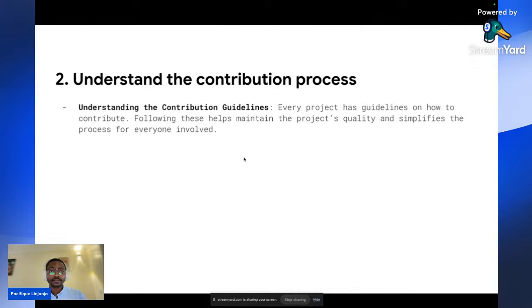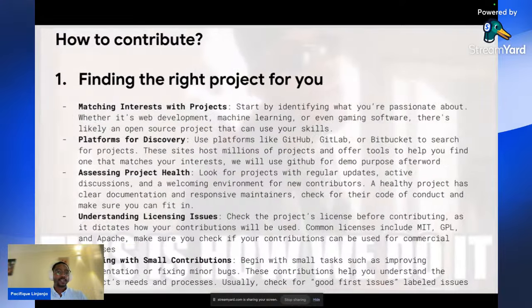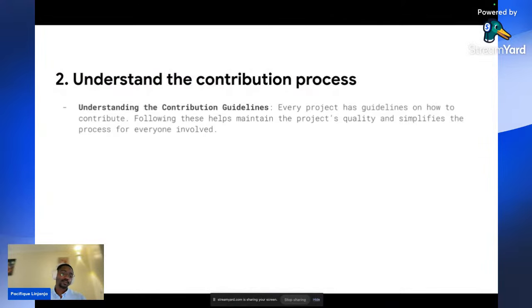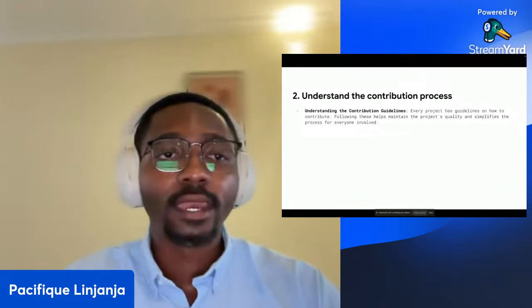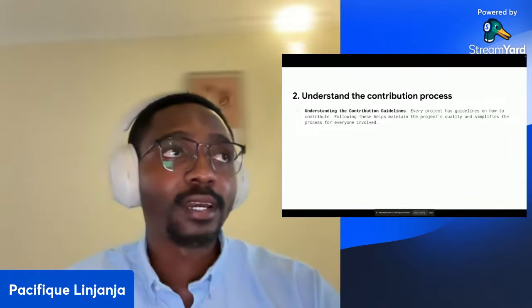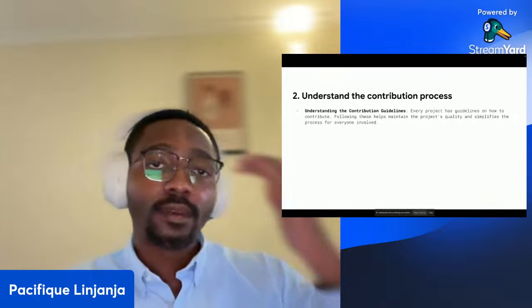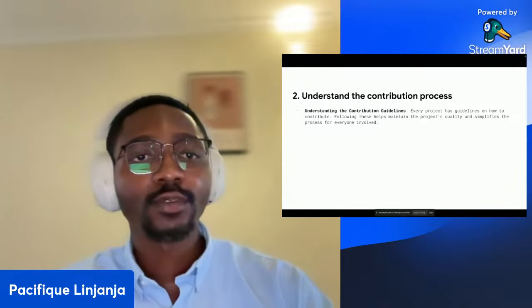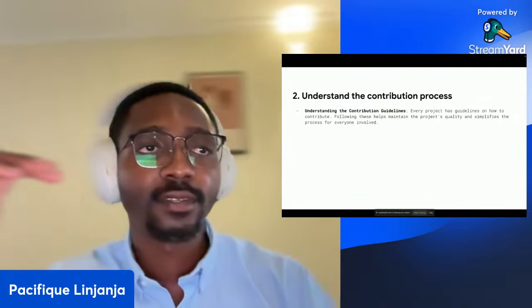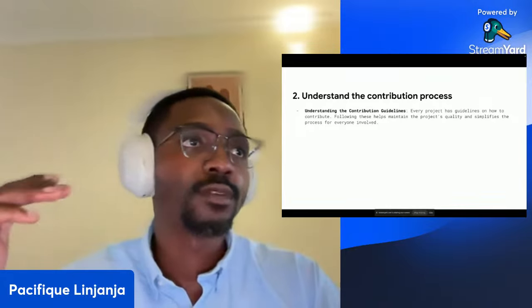We just saw how you can find projects, but after identifying your projects, you need to know what the normal cycle is for every contribution that you will make, from the phase where I claim the issue to the phase where my PR gets merged into the main branch.